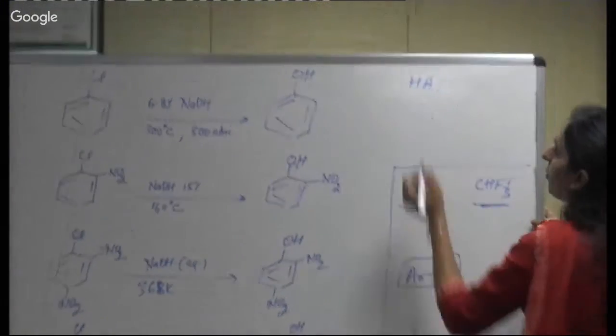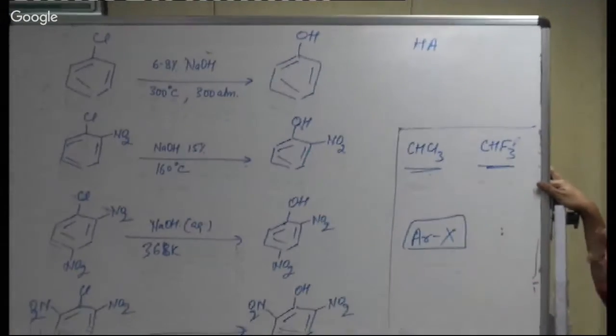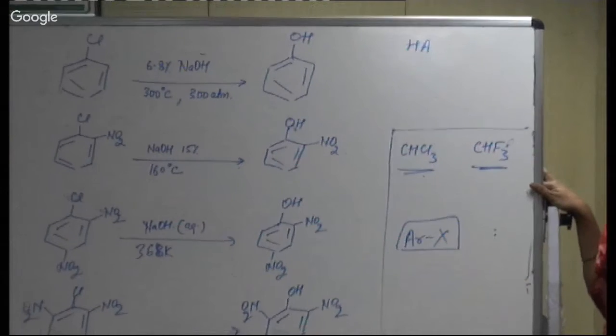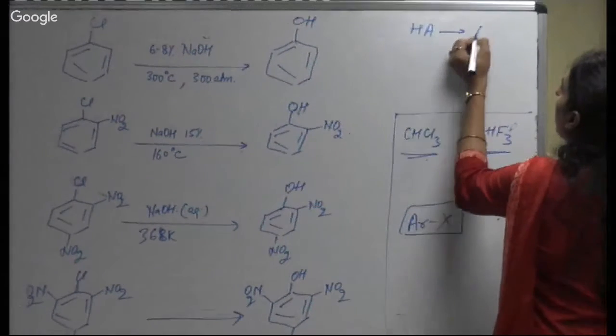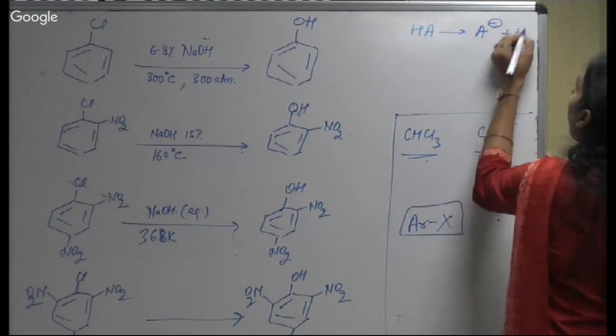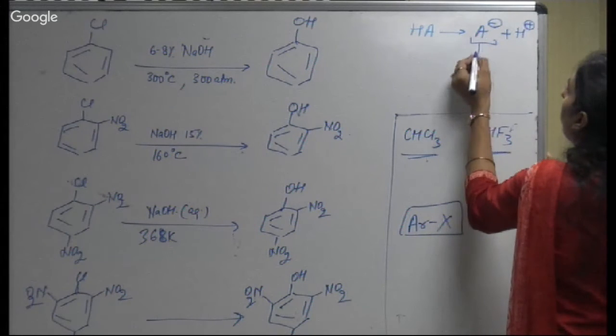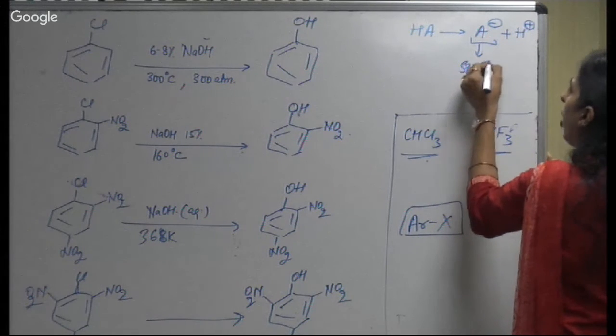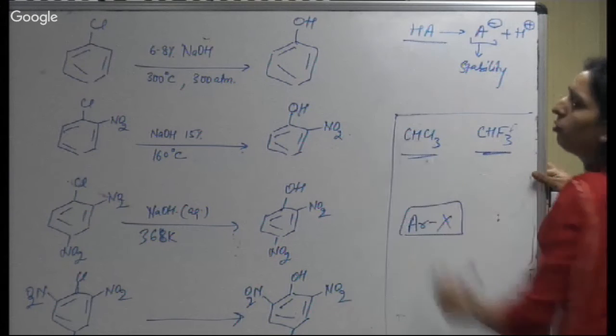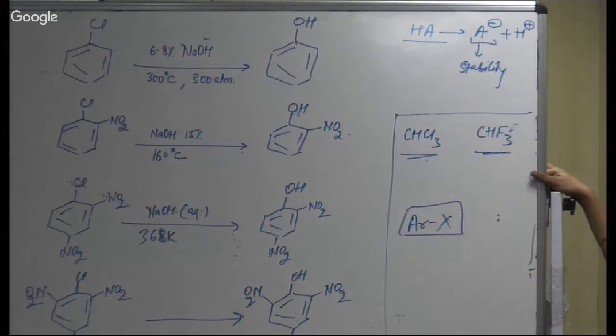Suppose HA I am writing, A can be any organic molecule, or part of an organic molecule. A minus, H plus. If this is stabilized, anyhow it is stabilized, the molecule would be acidic. Okay? Clear? This is a golden line.